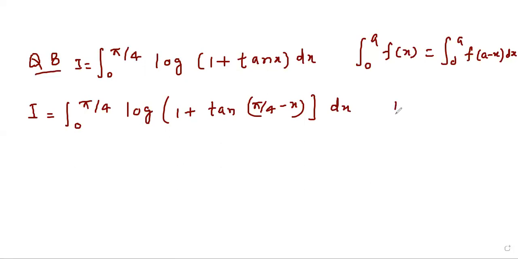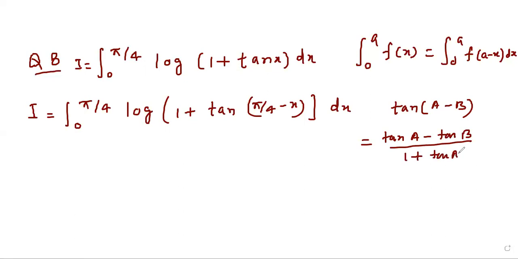If you remember, tan (a minus b) is equal to (tan a minus tan b) divided by (1 plus tan a tan b). So you can use this.